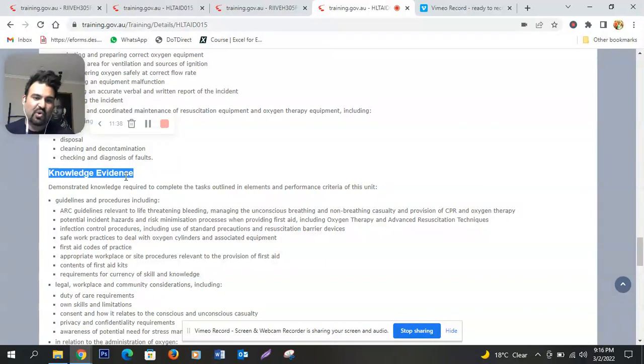If you want to put everything together in 5 questions, but your 5 questions are long enough, very comprehensive, and take care of everything, then yes, that's fine. So when you're confused and don't know how many questions you're going to write, just go through your knowledge evidence dot points and have a look at how many dot points there are.